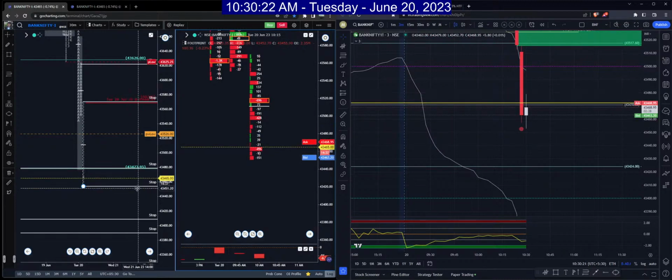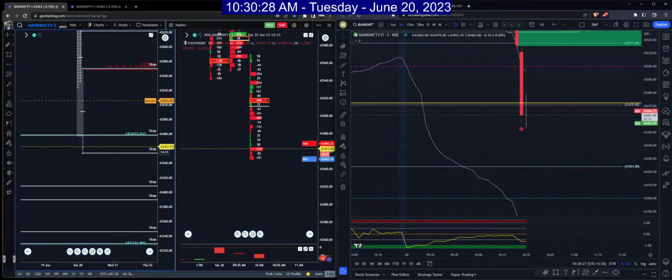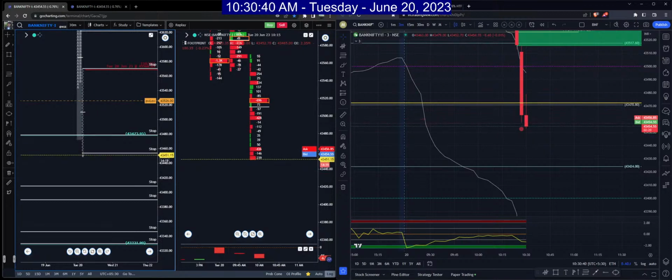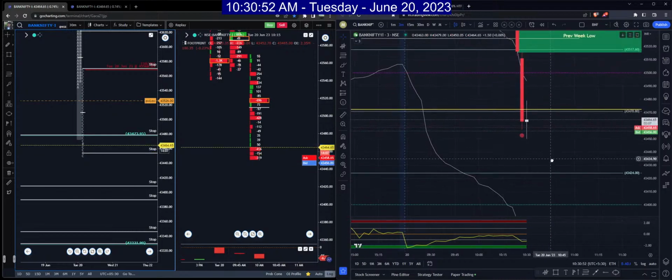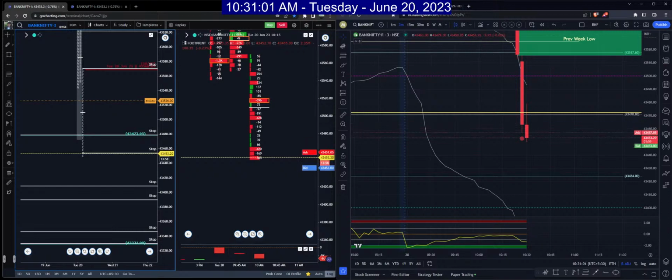Again, supply is coming in at this level. Yep, good supply is coming in, continuation happening lower.